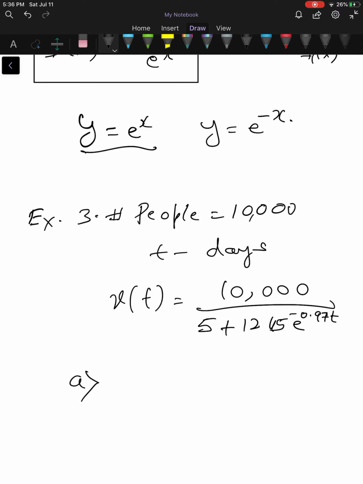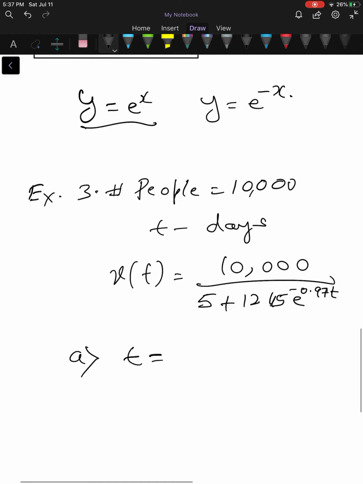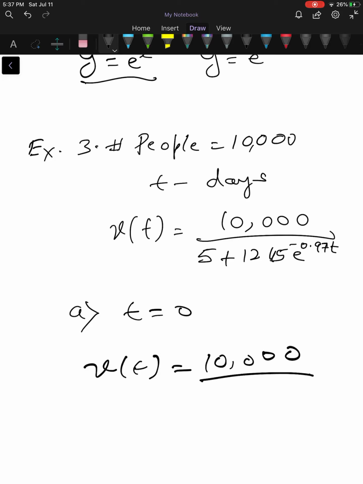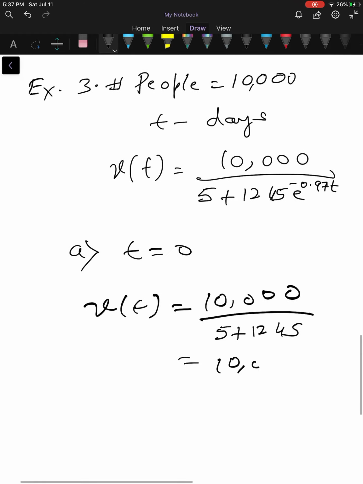Okay, so you have to find out how many infected people are initially there. That is when t is 0. So let us do that. V of t is equal to 10,000 divided by, e to the power of 0 will be 1, so you just have 5 plus 1245.